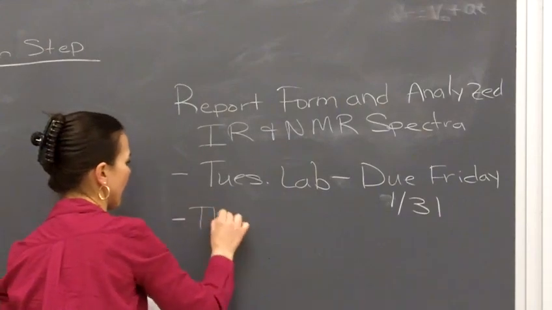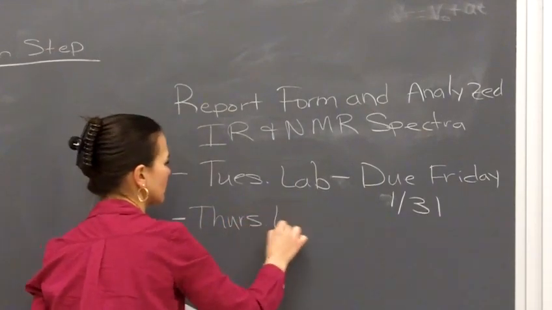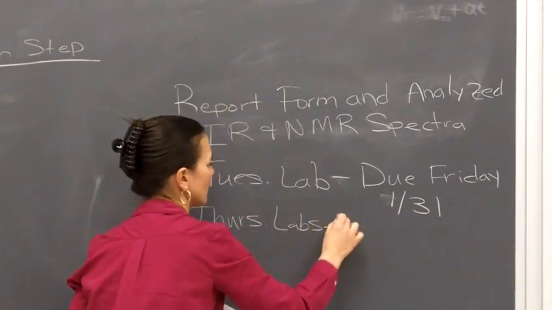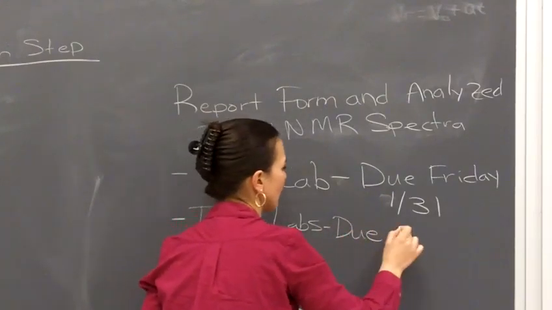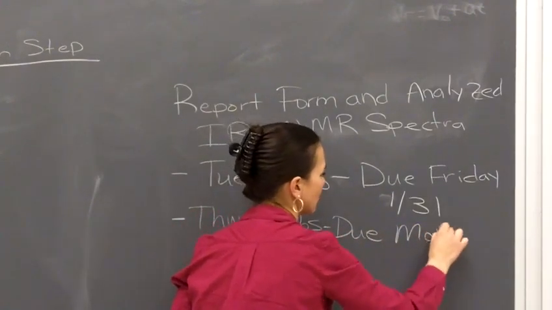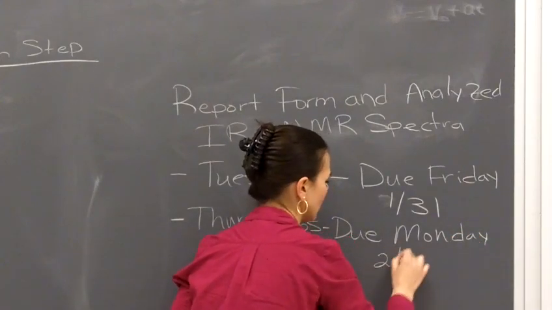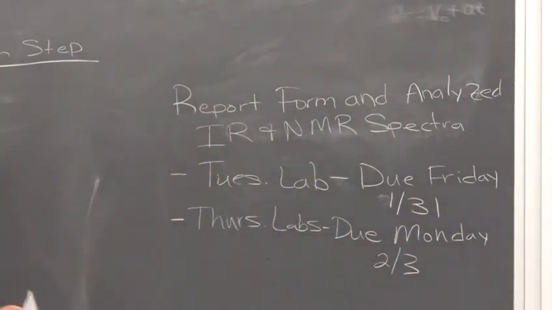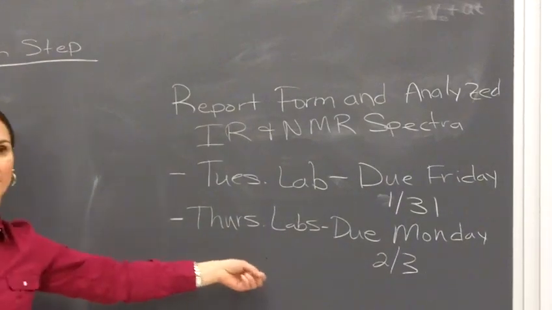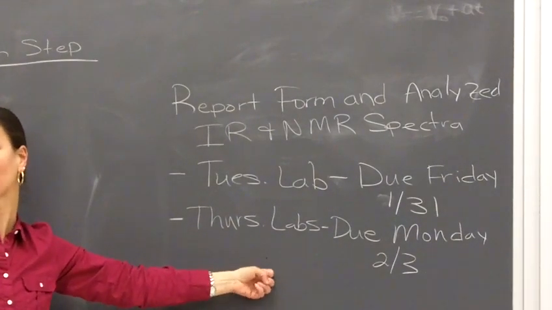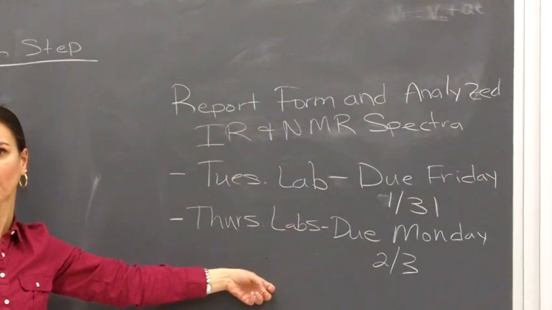For the Thursday labs, it's due on Monday, the 3rd. Okay? And so in lab on Thursday, all of you that have someone different than me, make sure you find out from them exactly what time frame that's due on Monday.